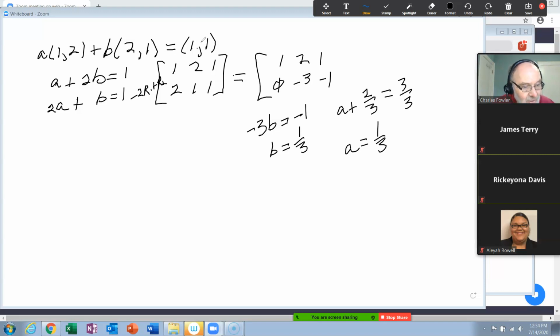The first two are multiples of each other, so they're basically extensions of the same vector. You can't get a new vector out of that one. The second one, those are not extensions of each other, so you can get any other vector out of those two.